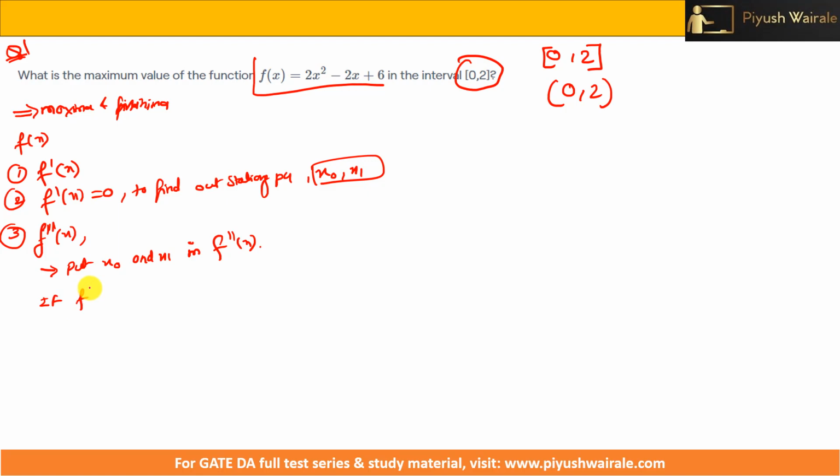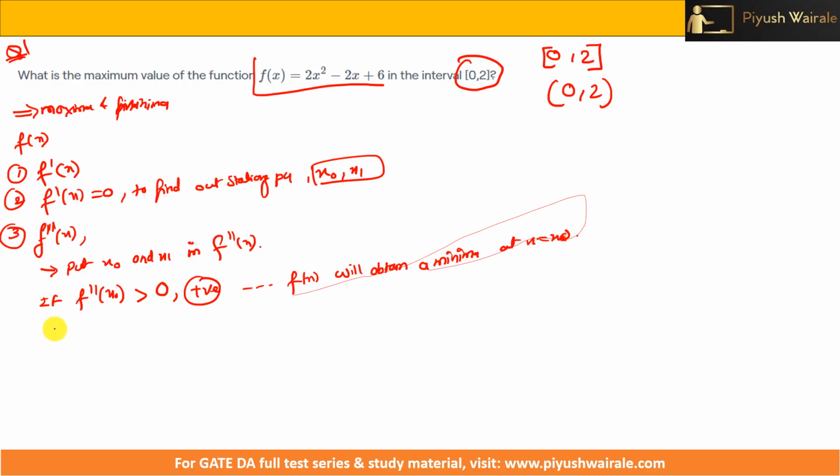If f double dash of x0 or x1 is greater than 0, it means it is positive. In that case, this function f of x will obtain a minima at x equals x naught.